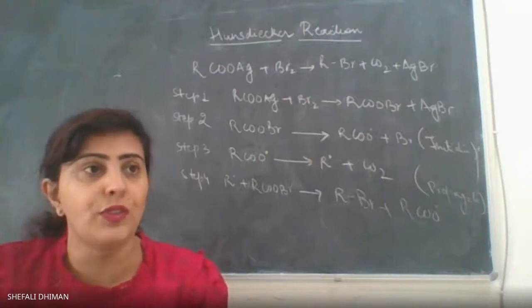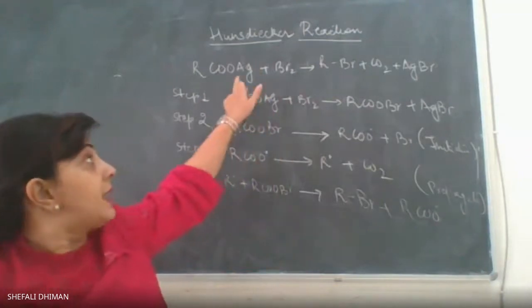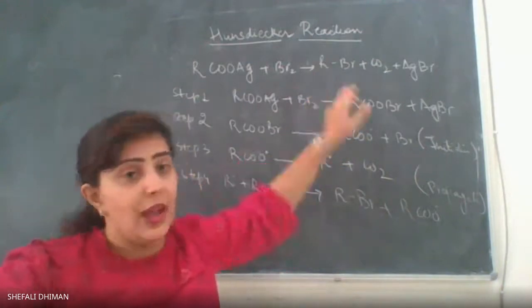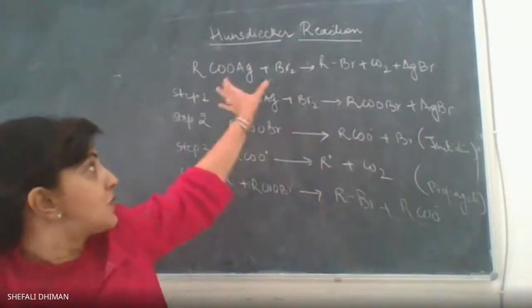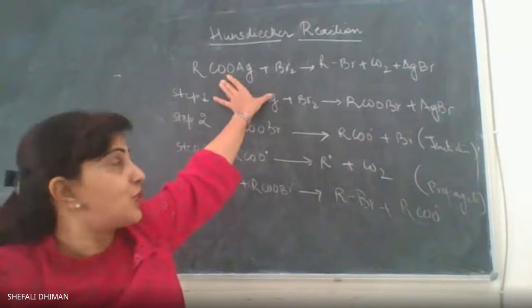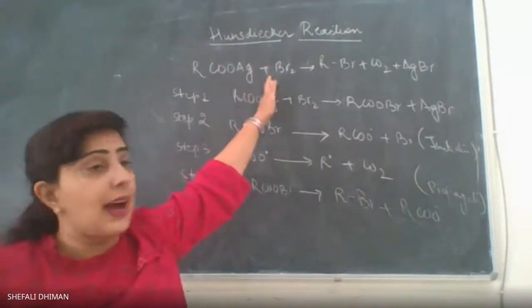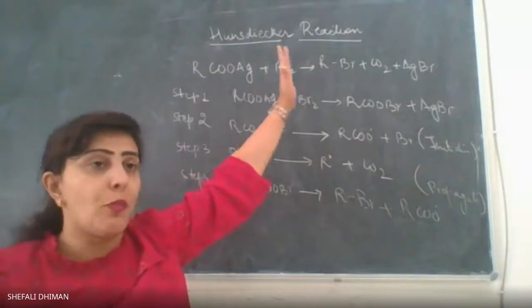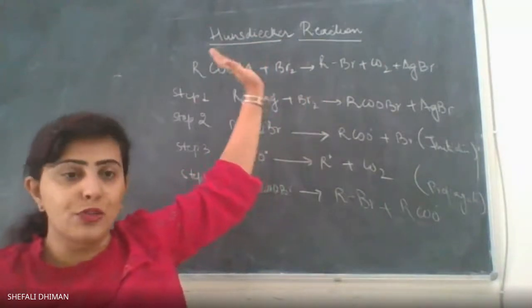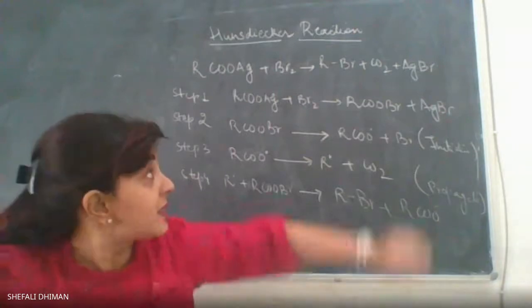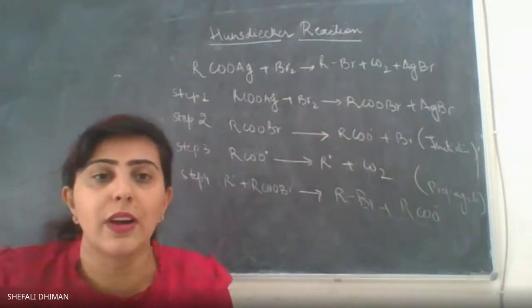When a 1:1 ratio of the salt and iodine is used, we say that the alkyl iodide is formed. When I use a 1:1 ratio of the silver salt and iodine, the product is formed like in the Hunsdiecker reaction, which is the alkyl iodide plus carbon dioxide plus silver iodide.